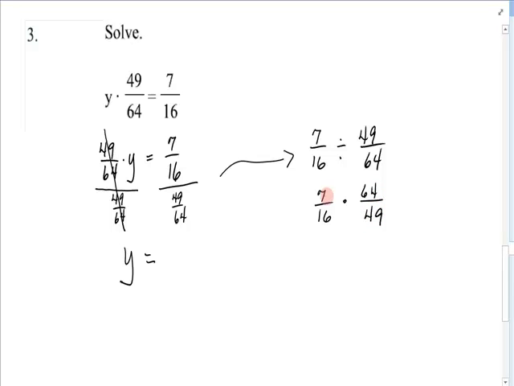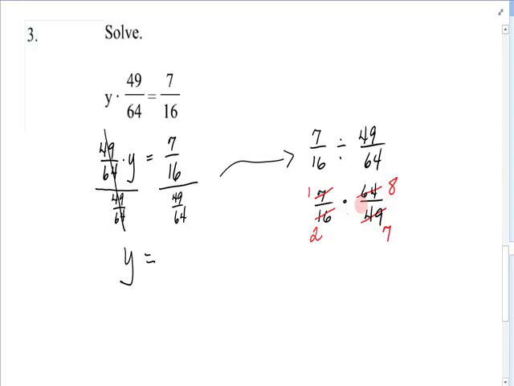See if I can reduce or bow tie. 7 goes into 7 once. 7 goes into 49 7 times. Now 16 and 64. I know 8 goes into 16 2 times. I know 8 goes into 64 8 times.